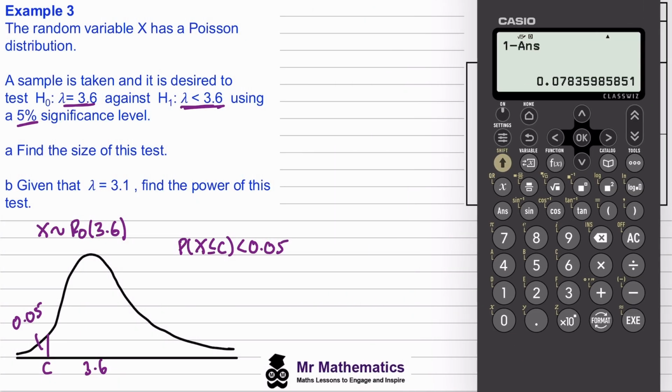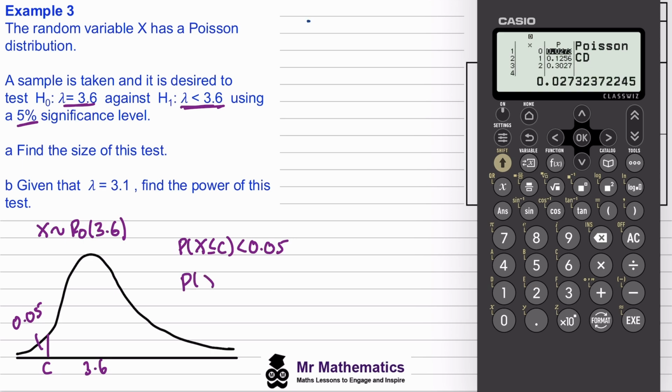So if we go to home, we want distribution, we want Poisson CD, we'll choose list, and we'll enter 0, 1, 2, and I want the first value of X which goes above the 0.05. So we'll execute that, we'll enter lambda as 3.6, and you can see that the first probability to go above the 5% is when X is 1. So when X is 0 is our critical region.